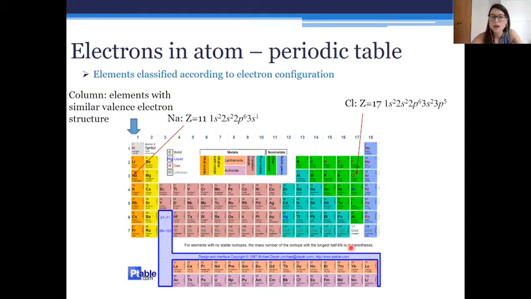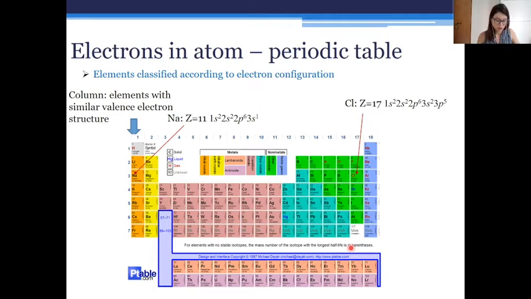So we introduced the electron configuration, and now we should introduce the periodic table that I'm sure you know. So the elements are classified according to electron configuration. We have these representations that have been made in order to classify these elements according to the similarities that they present in their electron configuration, in order to understand some properties such as electronegativity.